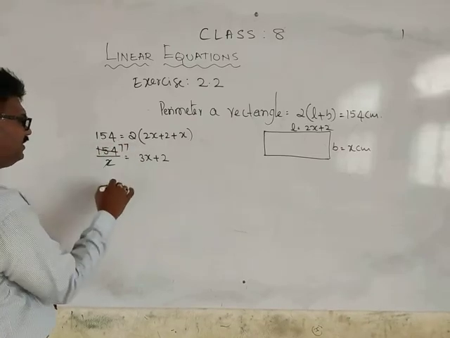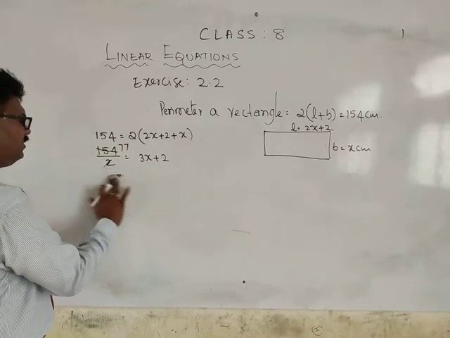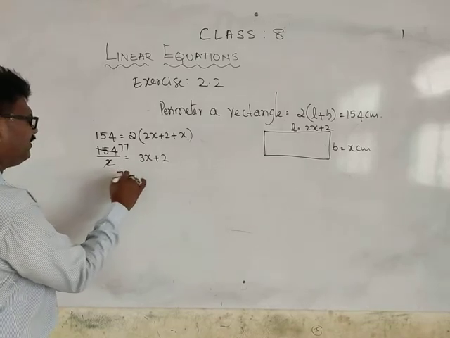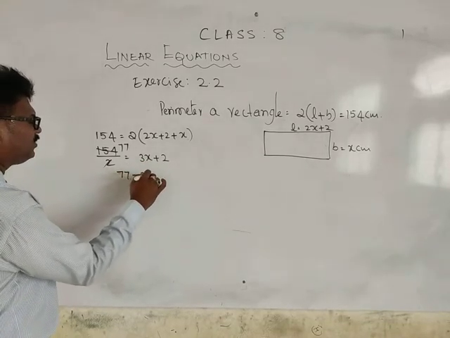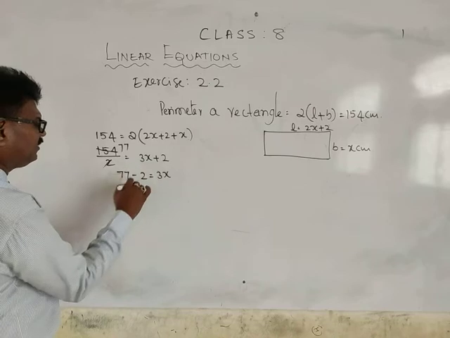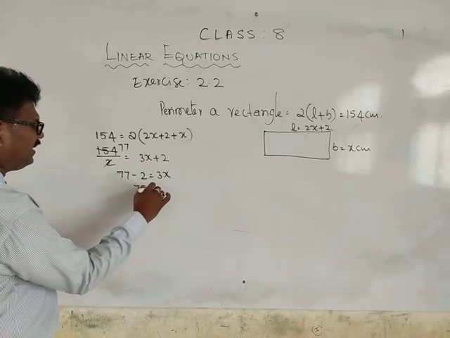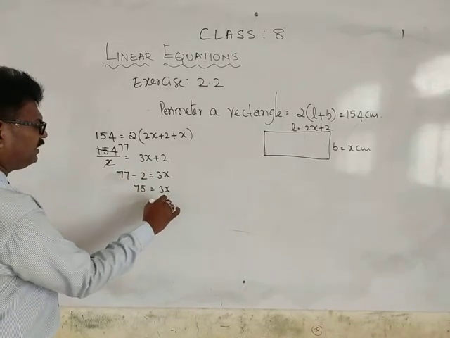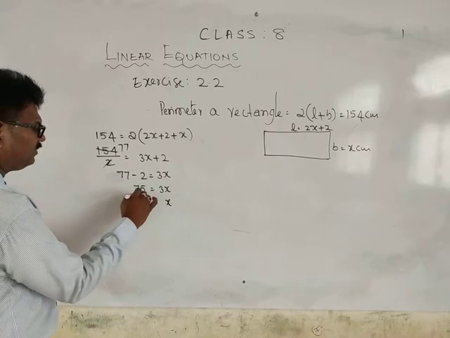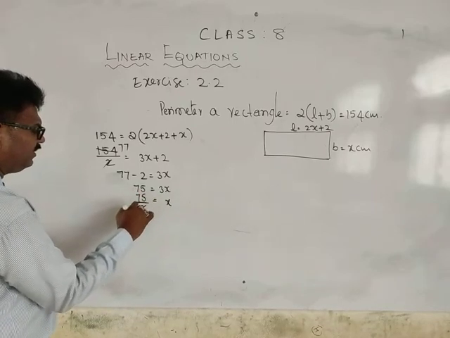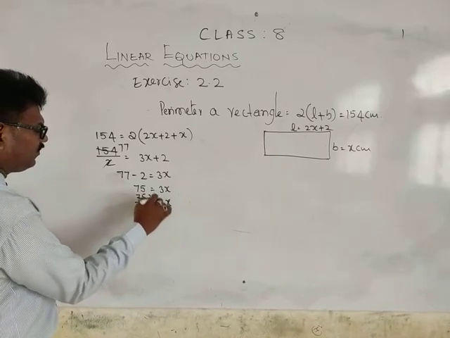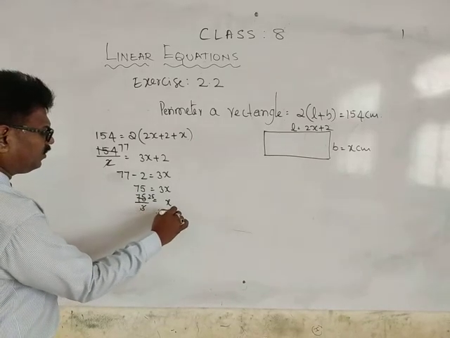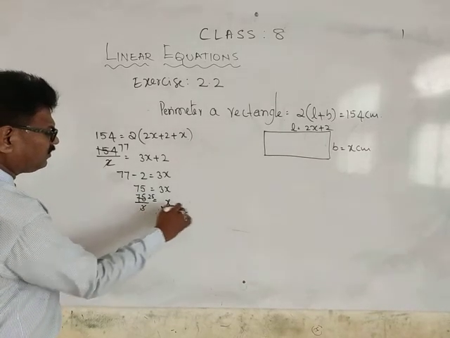Therefore 77 plus 2, if it comes here, minus 2, equal to 3x. Therefore 75 equal to 3x. Therefore x equal to 75 divided by 3. 3 ones are 3, 3 twos are 6, 3 fives are 15. Therefore x equal to 25.